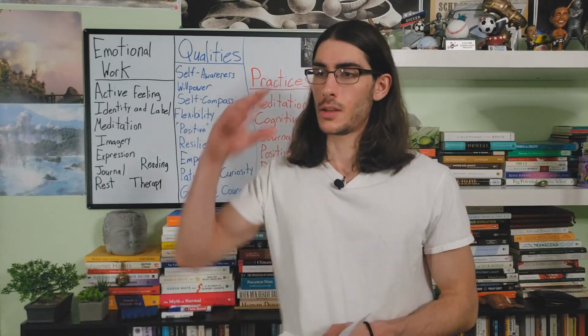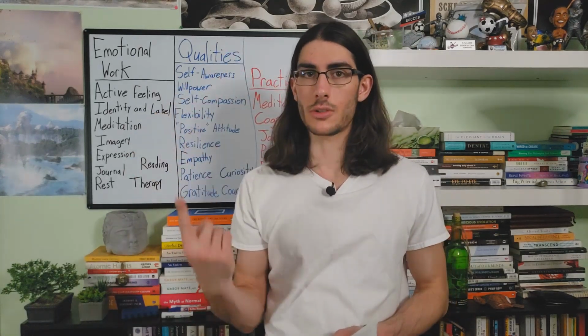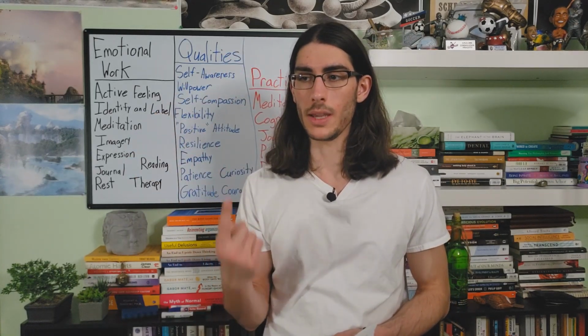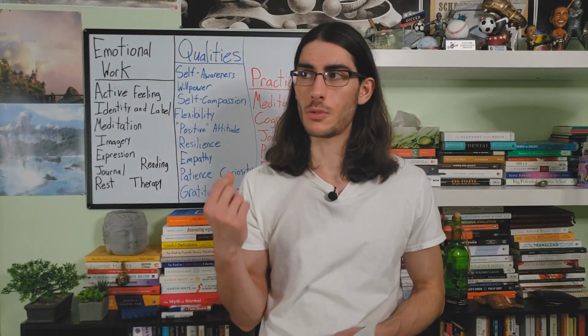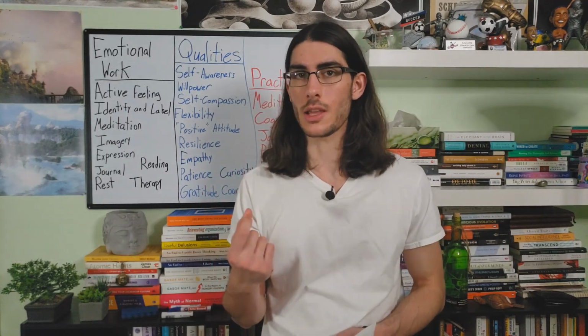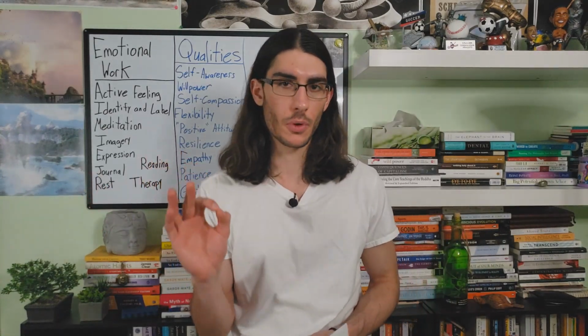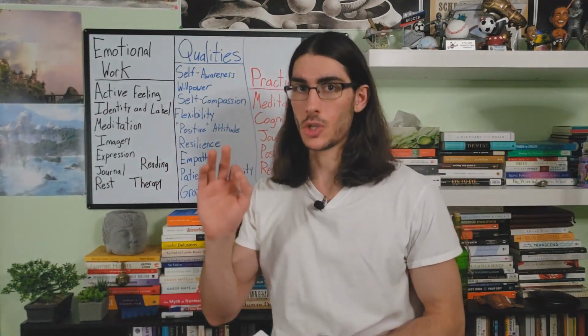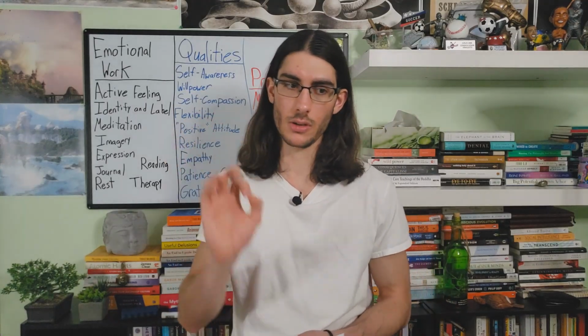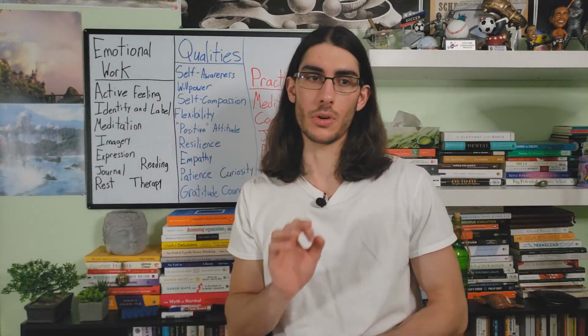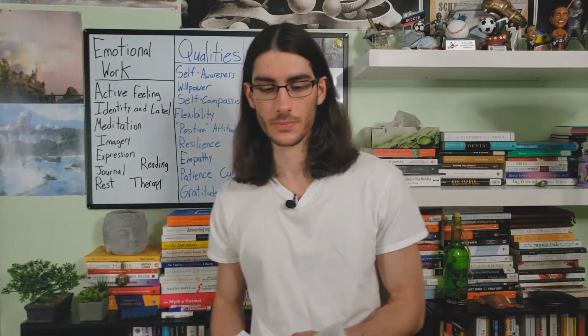So actually just stating to yourself in a very clear way what you're feeling helps to develop this clarity that is absolutely essential for developing emotional intelligence and having a clear understanding of your own emotions.